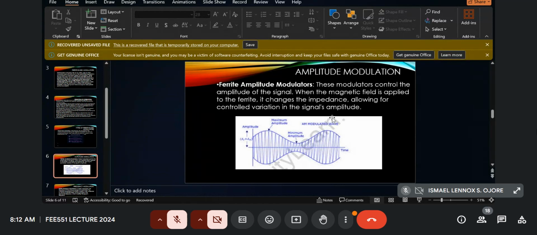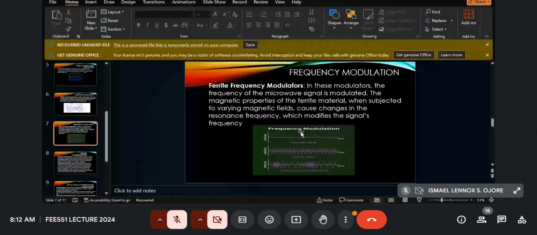When the magnetic field is applied on the ferrite, it changes the impedance, allowing for controlled variation in the signal's amplitude. This is the usual amplitude modulation that we've learned, and you can see the response of the modulated wave and the carrier.